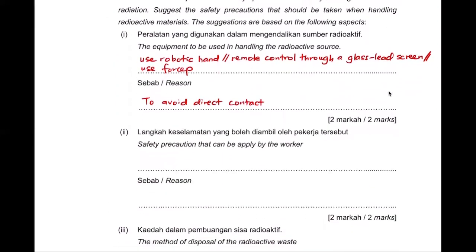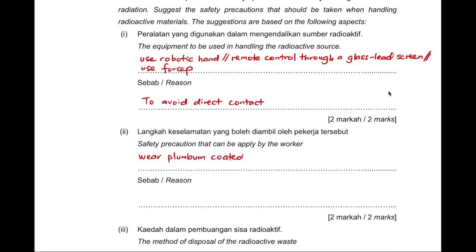And the second one, what are the safety precautions that can be applied by the worker? So the worker, he should wear plumbum coated uniform.